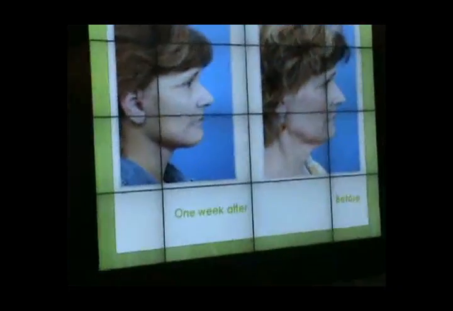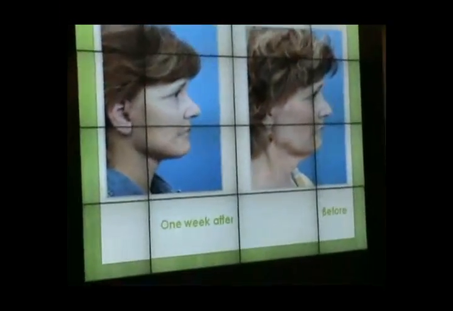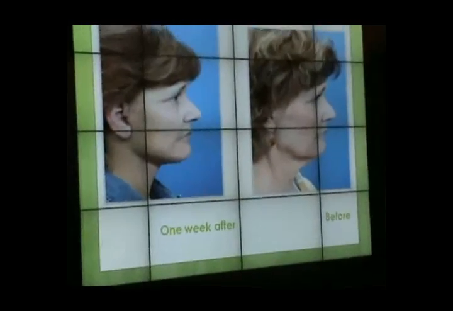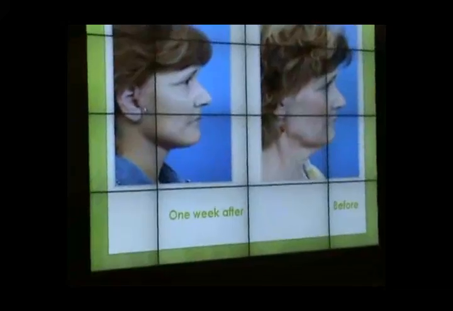PRP by itself is not a treatment or a cure for skin problems or any beauty problems we're facing in our clinic.